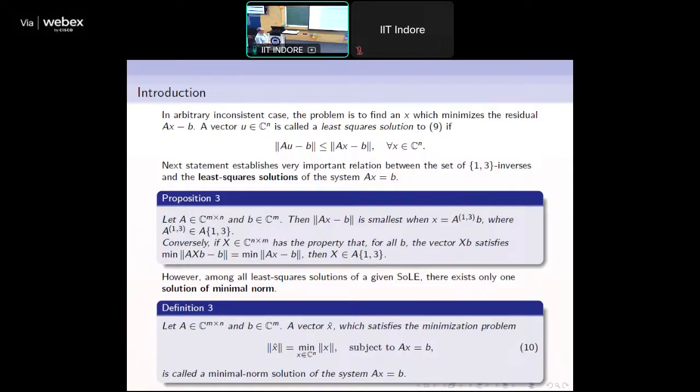So the solution XB is a least squares solution if and only if X is a {1,3} inverse.